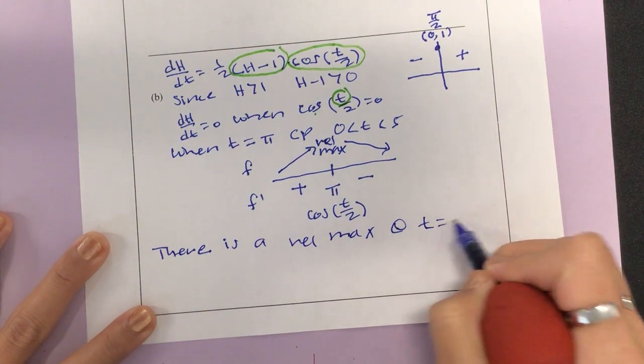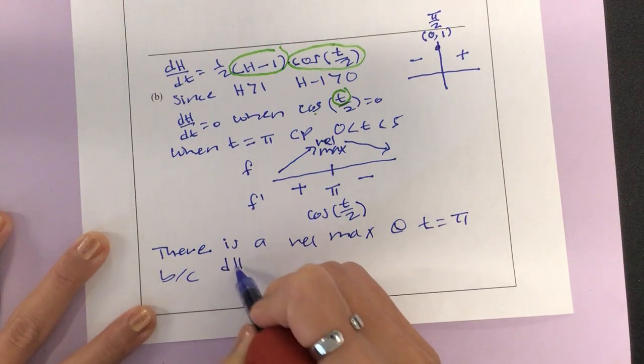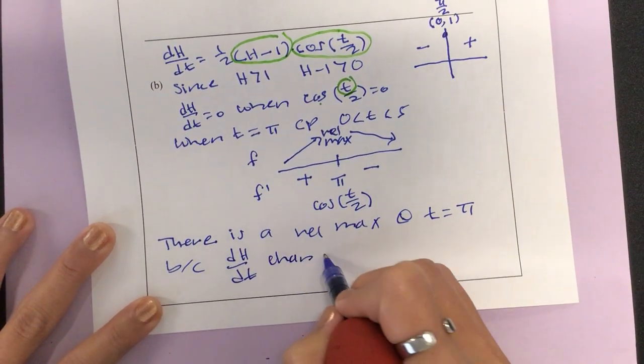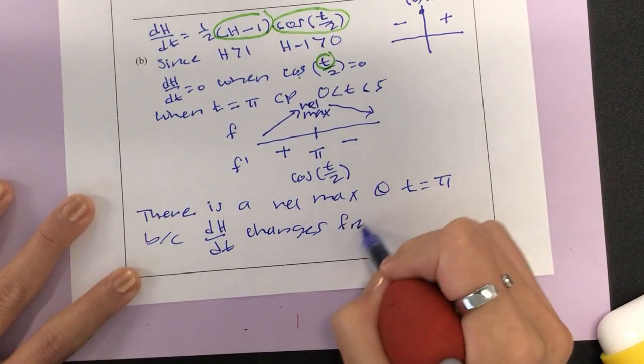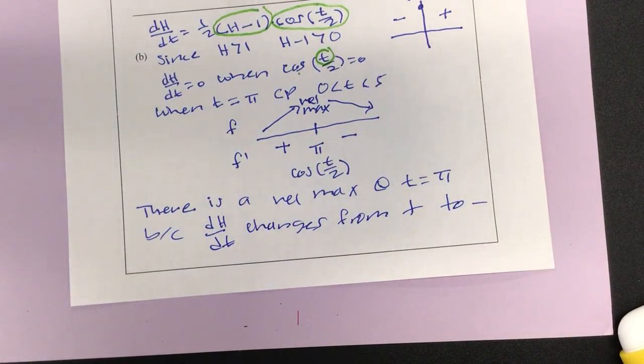At t equals pi, because our slope, specifically dh over dt, changes what? It's not just changing sign, but from positive to negative. Good, from positive to negative. If you say changing sign, they can also interpret that as negative to positive. That's going to cause a relative minimum, and you don't want that.